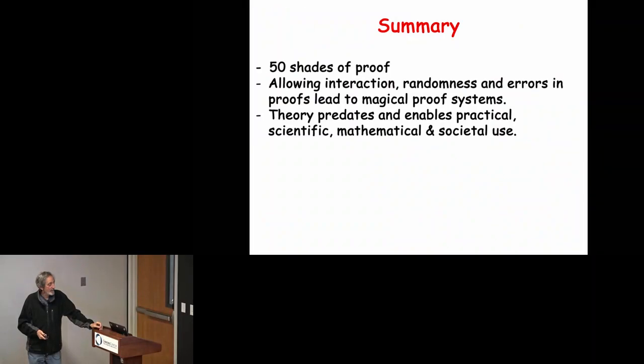Okay, so summing up, I showed you lots and lots of different proof systems, and we saw that allowing randomness and errors and interaction lead to proof systems with very weird properties.